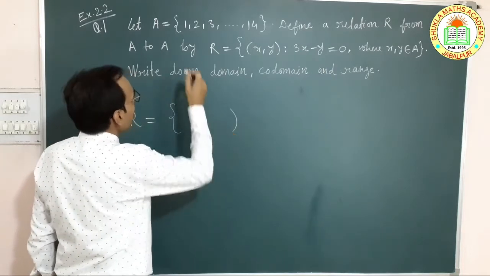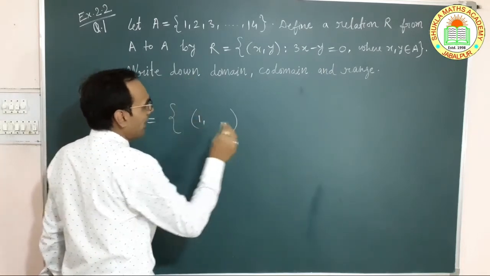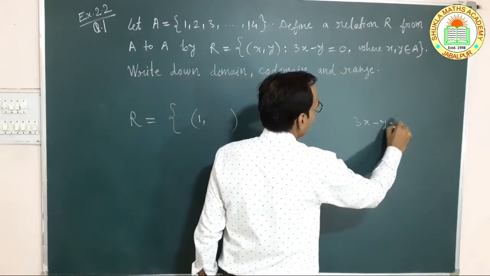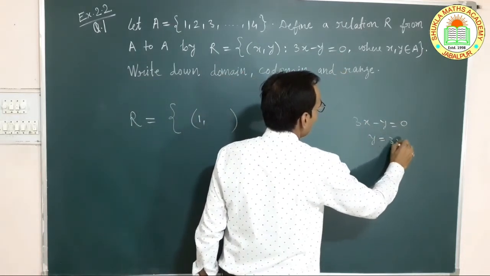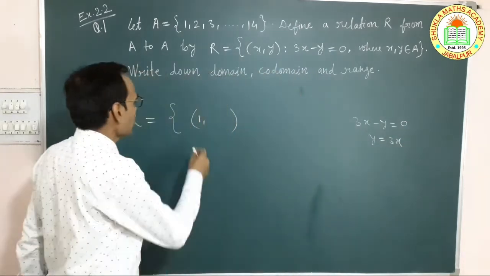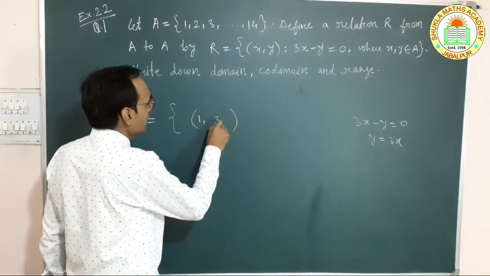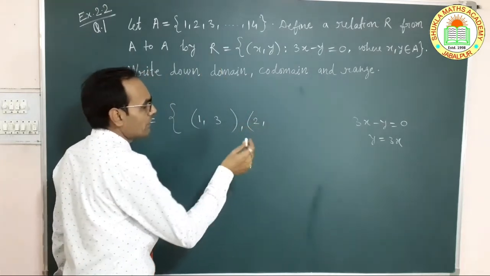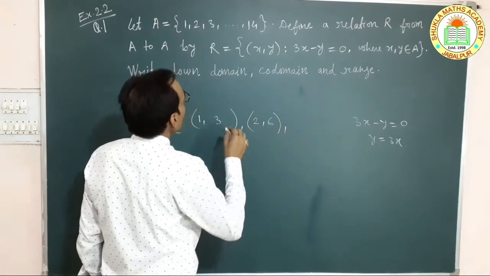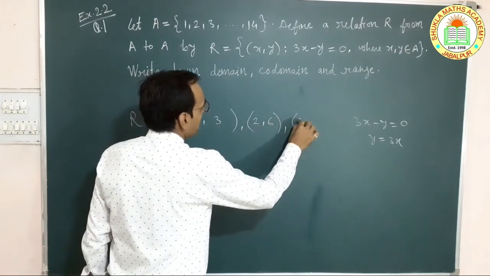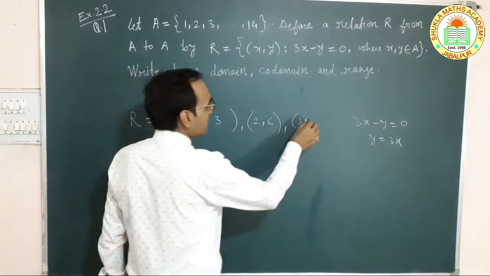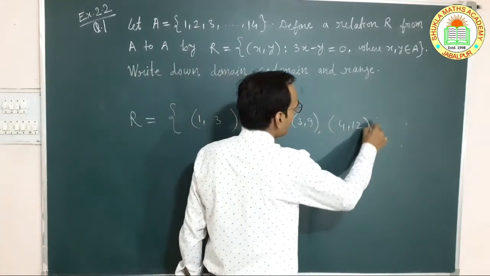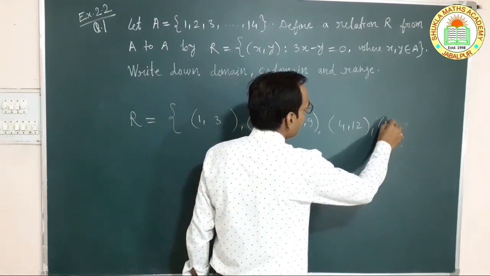So the value of x we will take here as 1, and the value of y will be found from the given equation 3x minus y equal to 0. So y will be 3 into x. So x equal to 1, y equal to 3, and the second value is x equal to 2 and y will be 2 into 3, 6, and the next value is 3 and 3 into 3 is 9, and the next value of x is 4, we get 12, and next is 5, and 5 threes are 15.